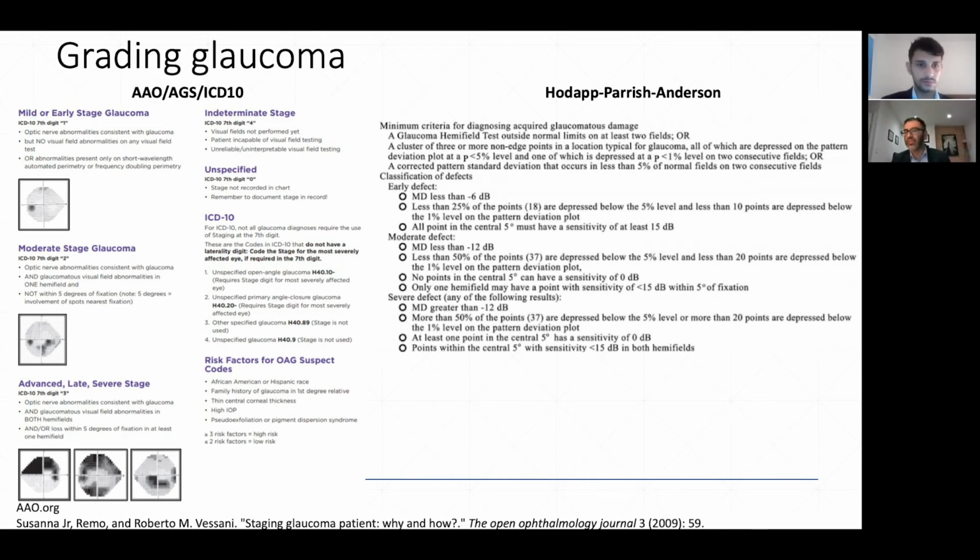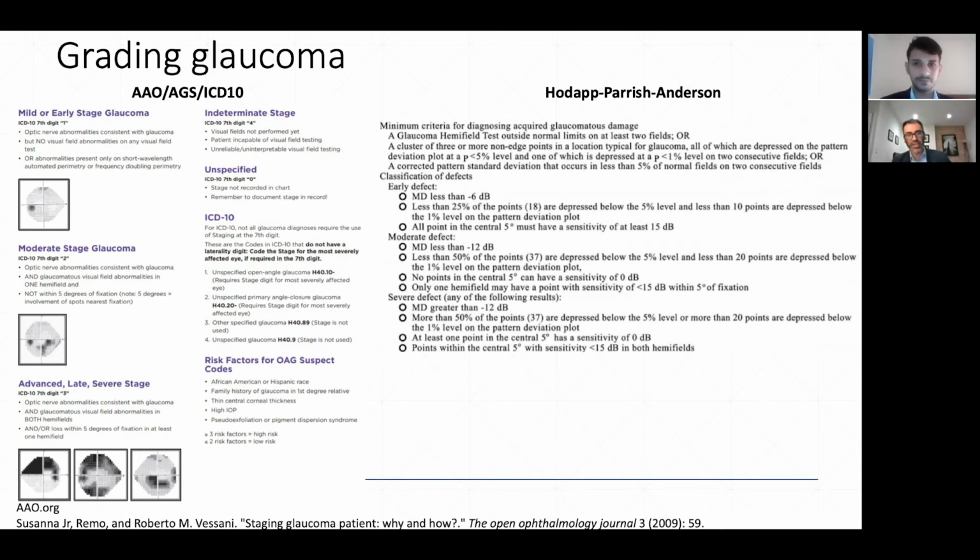And then the severe is within central 5 degrees of fixation, or loss in both hemifields. So from a conceptual standpoint, I think for a practicing clinician, that might be an easier grading system. But when we do all our studies, and from an academic standpoint, the Hodapp-Parrish-Anderson is probably the way to go.